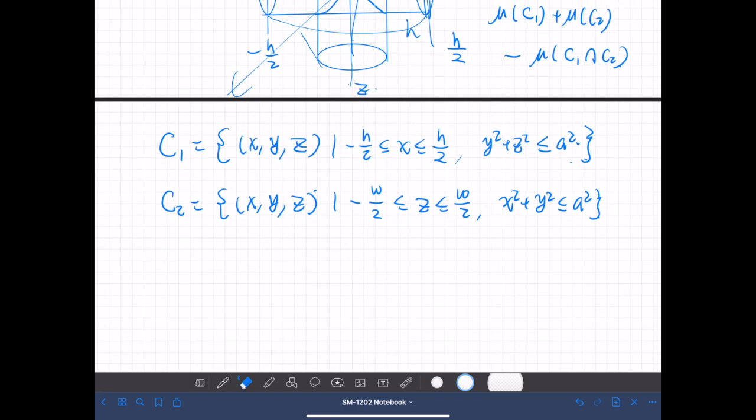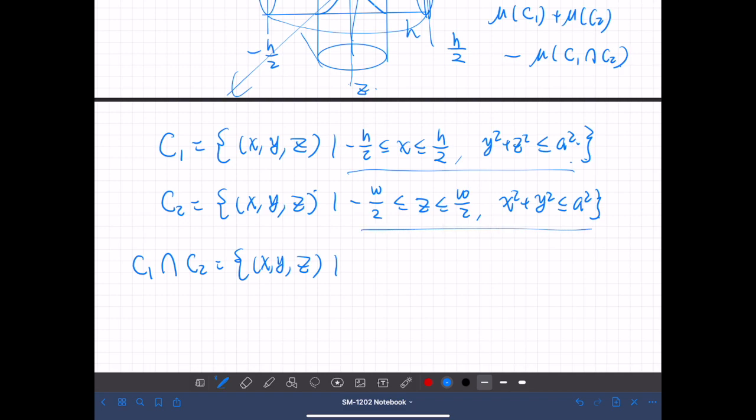So we want to find this intersection, which is this and this. So we should have x squared plus y squared less than or equal to a squared, and y squared plus z squared less than or equal to a squared.